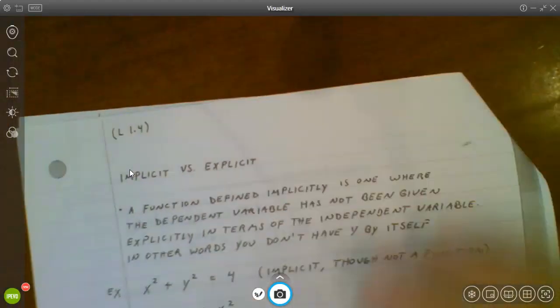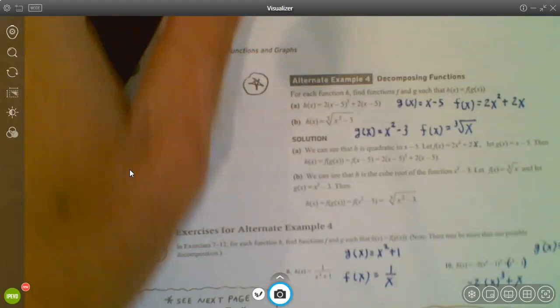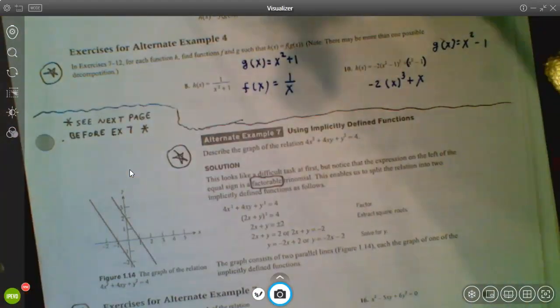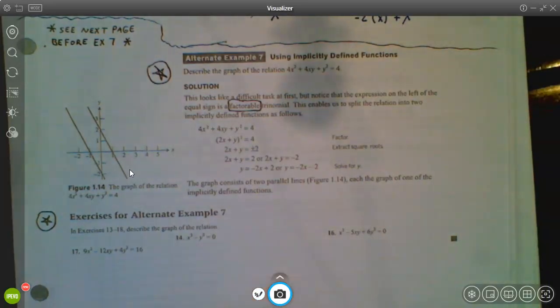So let me jump back to this guy. What they're asking us to do is they are giving us a function that is implicitly defined, which is typically not the way we're used to seeing them. We usually get y by itself, and they're just asking us to describe what it would look like.